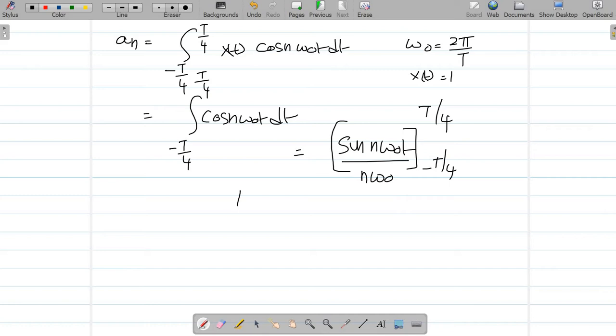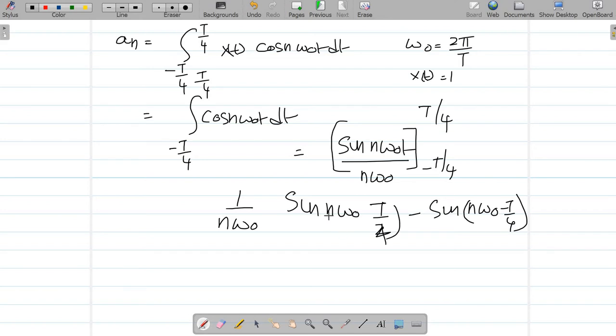If I apply the limits, what will happen? 1 by n omega naught into sin n omega naught T by 4 minus sin n omega naught negative T by 4.